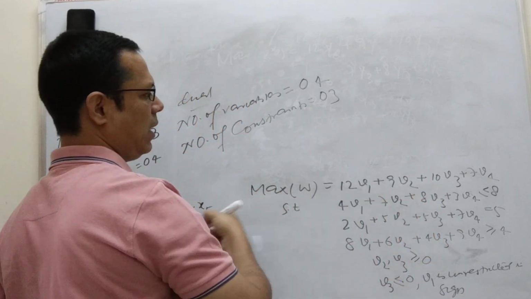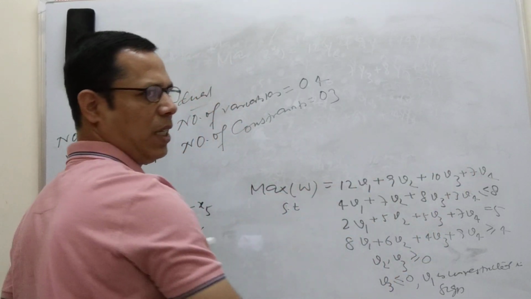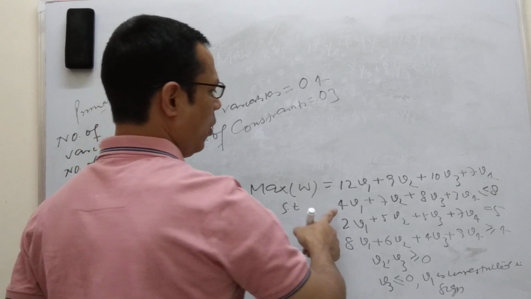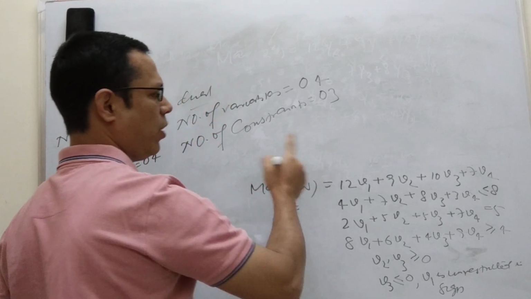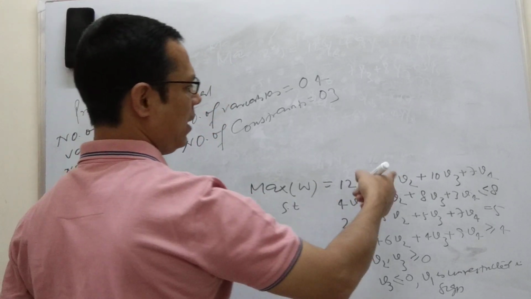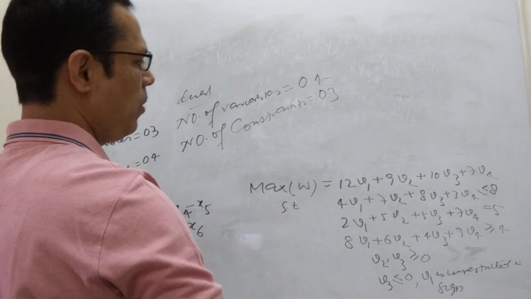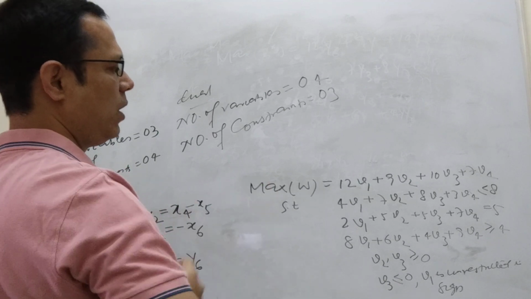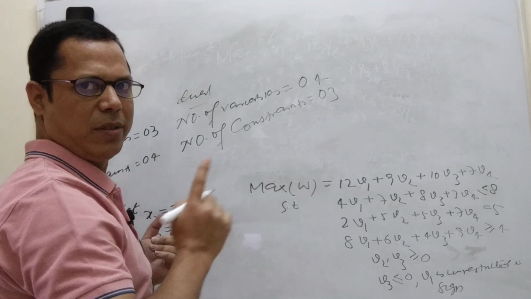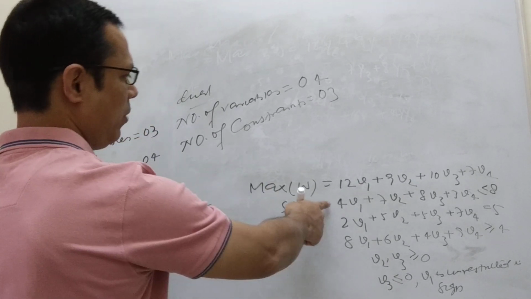You will find these coefficients are available in rows. The first row has become the first column, like this. Columns have changed into rows, and rows have changed into columns. So here they have been interchanged, and A has become A transpose.